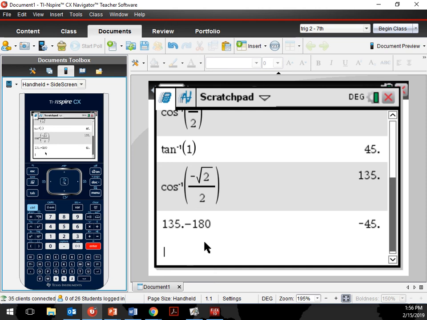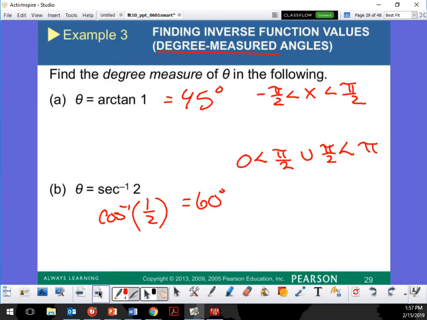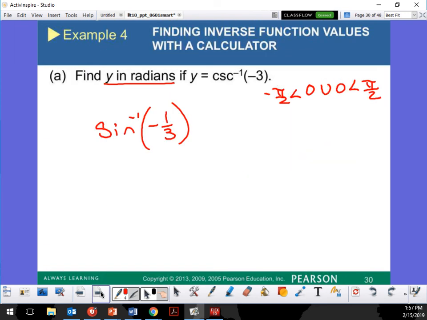If it's supposed to be in quadrant 4, but it's in quadrant 2, I'm moving all the way across the unit circle, from one side to the opposite side. So I'm going to subtract 180 to move something from quadrant 2 down to quadrant 4. And then to get the radian, what would I do with this? Pi over 180, right? Yep.